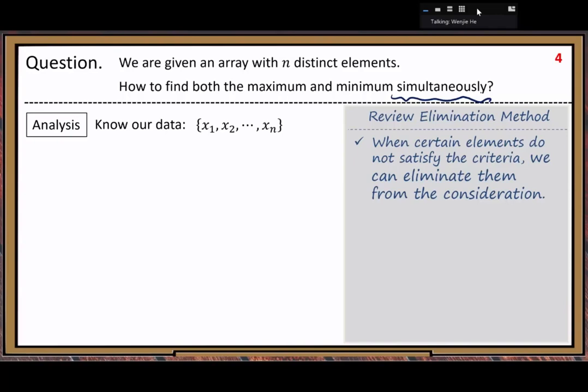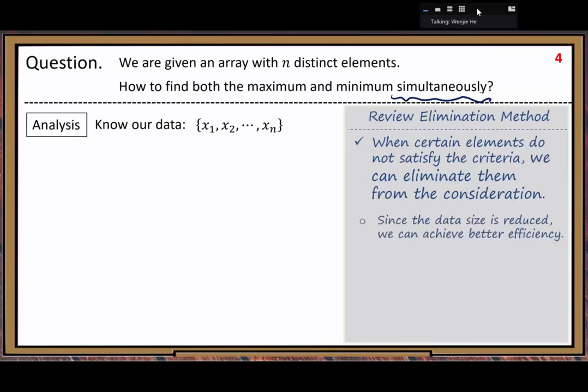But some problem solvers still keep them in the consideration. Then you may do redundant comparisons. When those irrelevant elements are involved, you do redundant comparisons. You don't like to do redundant comparisons, right? So you waste a lot of comparisons on redundant elements. So that's the problem.